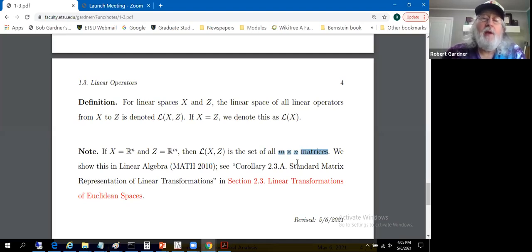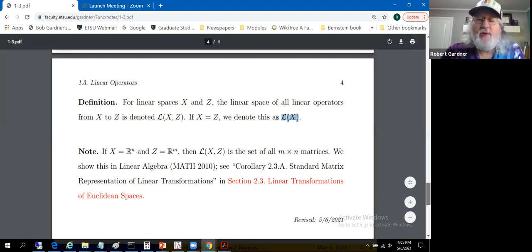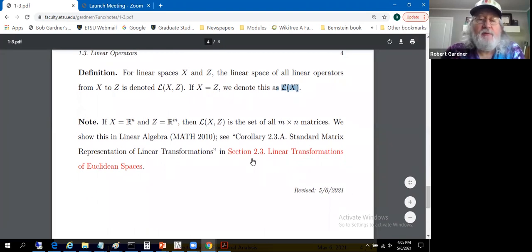Same thing. And a quick little comment, were we to map X to itself, if we took linear transformations from X to itself, the notation is abbreviated a little bit, just as L of X. It's all linear operators that map X to itself. Very consistent with things you saw in sophomore linear algebra, linear transformations of Euclidean spaces.